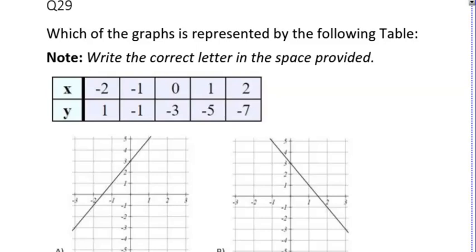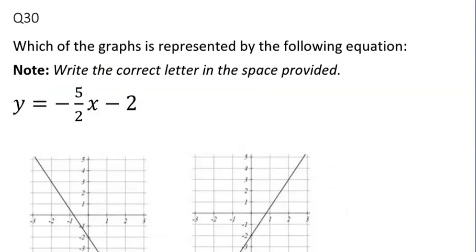Last one. We're going to celebrate. Okay, this one is awesome. What is the form of this line? It's the elegant form, right? The slope-intercept form. What is your slope? -5/2. And what is your y-intercept? -2. When you have a negative slope, how does the line look, that way or that way?